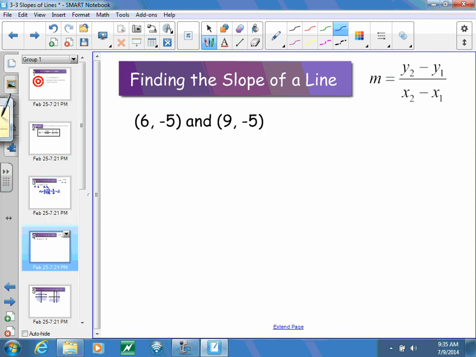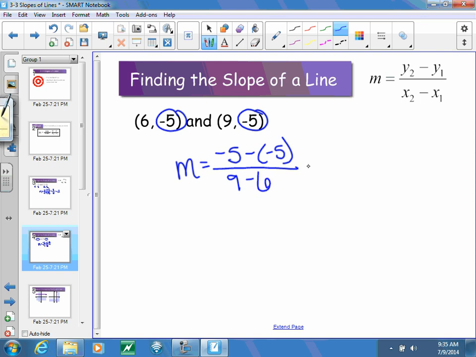Just want to do one more real quick. Finding the slope of our line here, so you end up with taking y2 minus y1, so I've got negative 5 minus a negative 5, x2 minus x1, so 9 subtract 6.